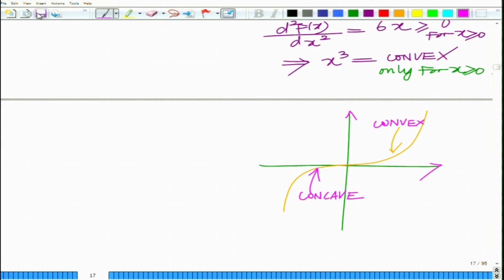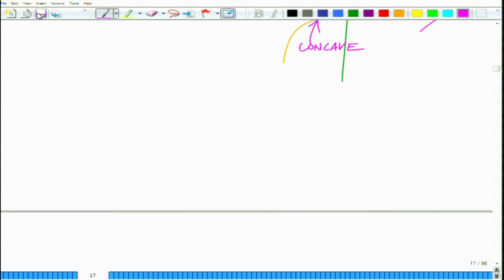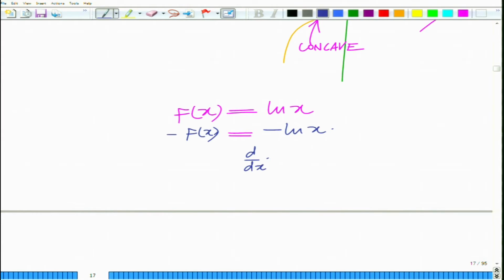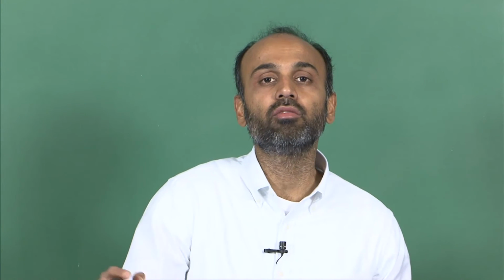Now, how about concave functions? We have to test for the convexity of the negative of that function, correct. So, let us consider again our classic examples for concave functions, that is the natural logarithm of x. Now, minus f of x equals minus ln of x. So, to show, first differentiate minus the natural logarithm of x, this is minus 1 over x. We are considering minus f of x, since to demonstrate concavity we have to demonstrate the convexity of minus f of x.